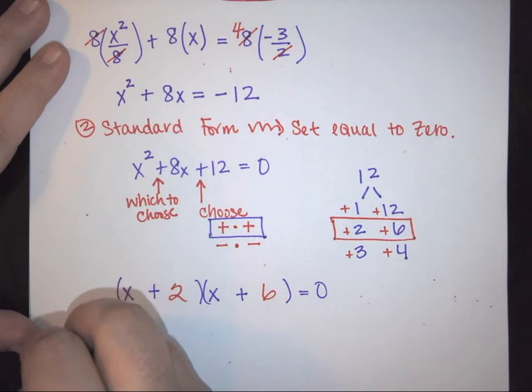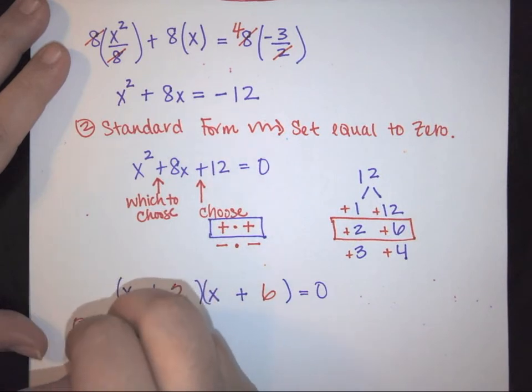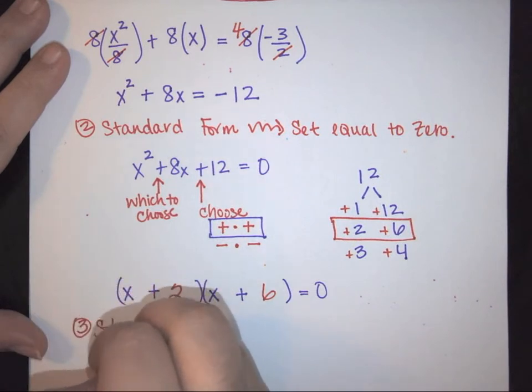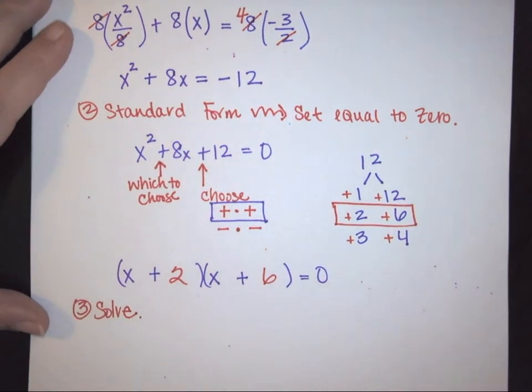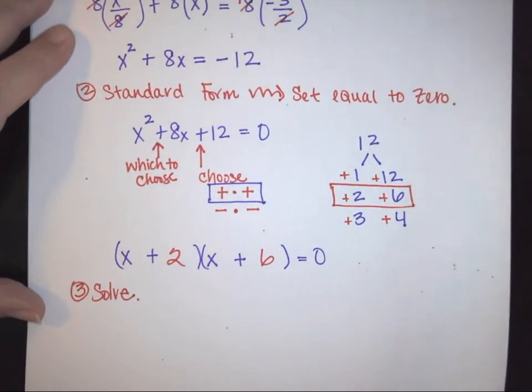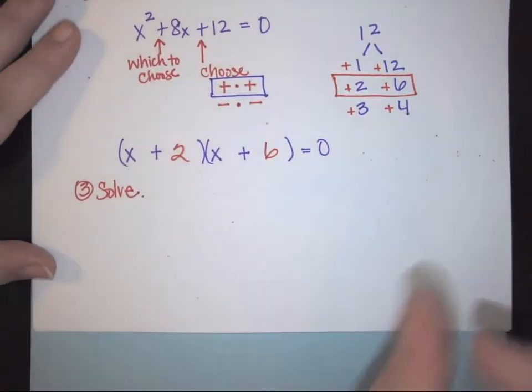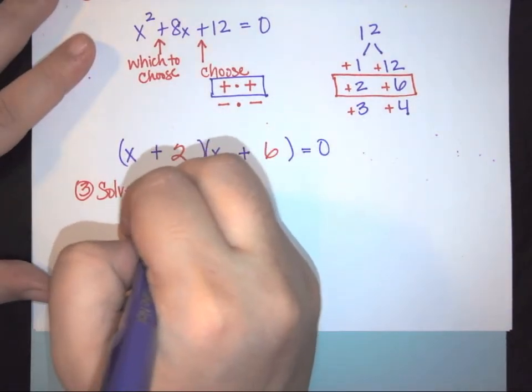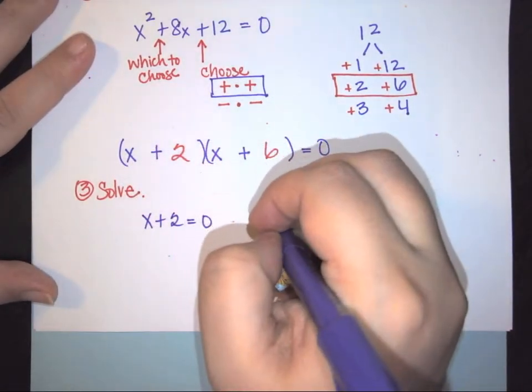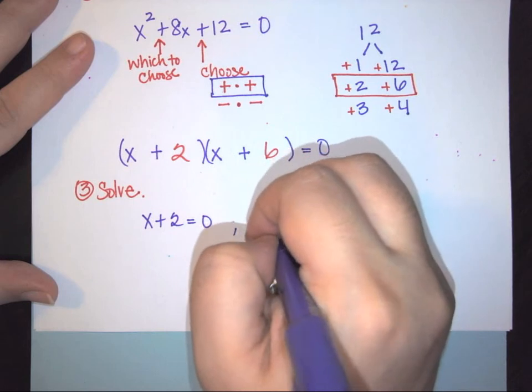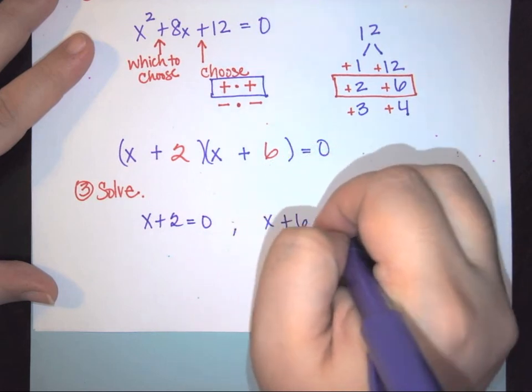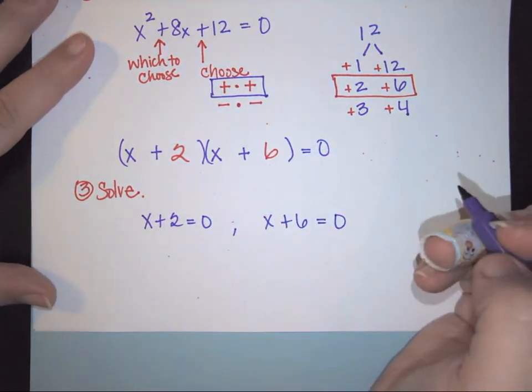Now the very last thing that we have to do is we now just simply need to solve. So again, we do that by setting each factor equal to 0. So I have x plus 2 equals 0, and I have that x plus 6 equals 0. I need to get x by itself.